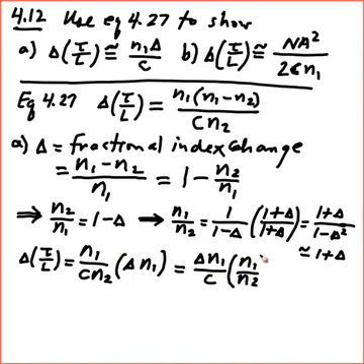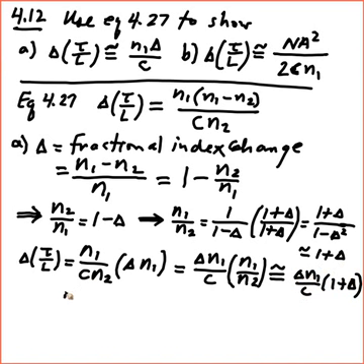So I've just rearranged the terms. But now I have an n1 over n2, which I'm going to rewrite as 1 plus delta. So this is now approximately equal to, by the development above, delta times n1 all over c times 1 plus delta. But now when I multiply this out, I'm going to get a delta squared term in that second term.